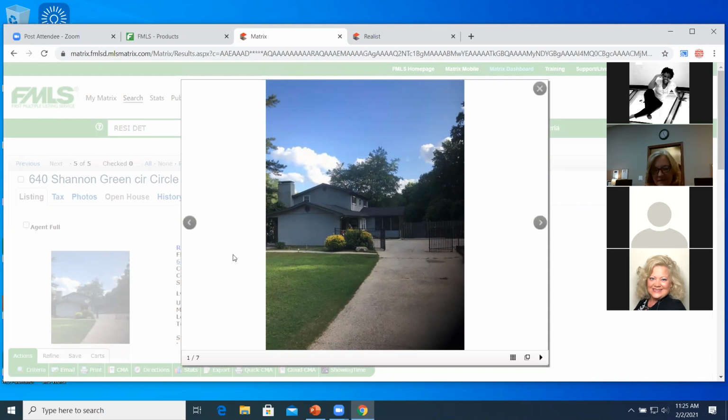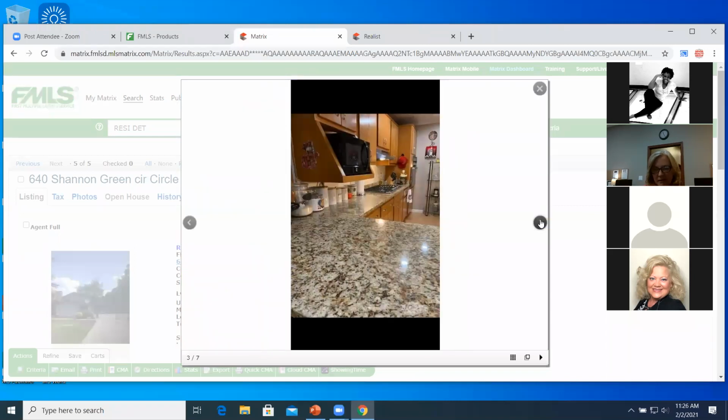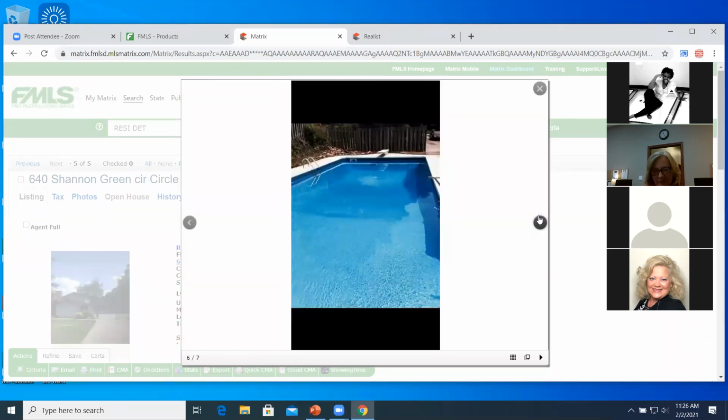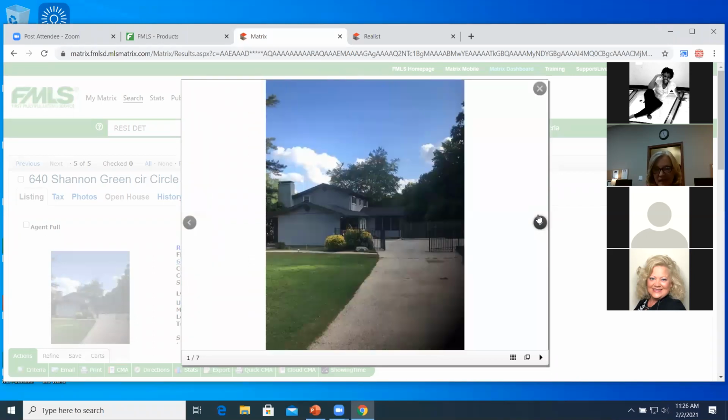This is really weird, this picture. Got an in-ground pool. I don't give a lot of value to in-ground pools because there's people who love them and people that hate them. There's only 7 pictures.